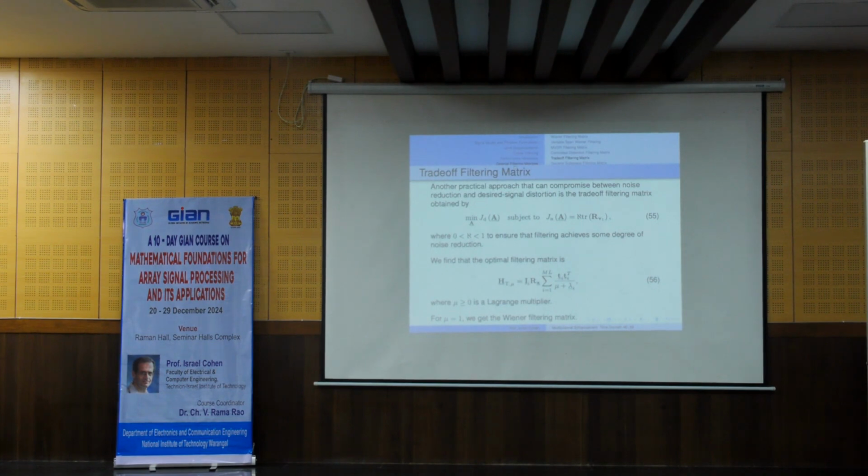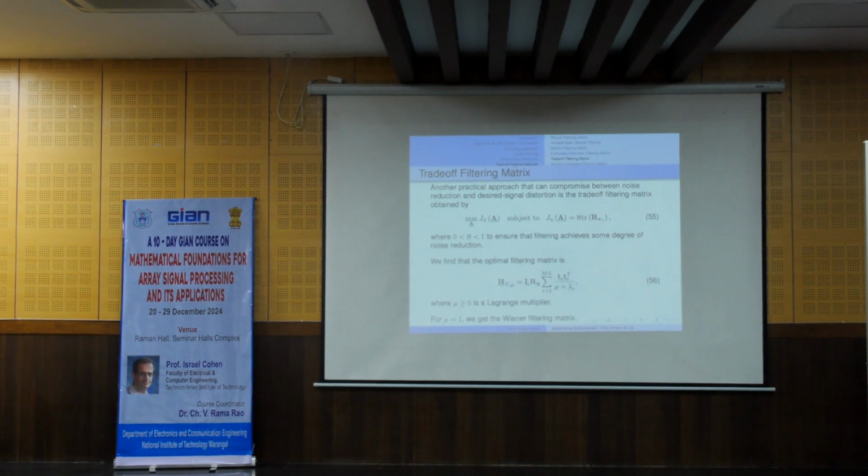MVDR. And if I reduce the number of components, I get the control distortion. So all these connect. You see the relations between all these filtering methods. They're all connected when you have a combined representation of these filtering matrices.